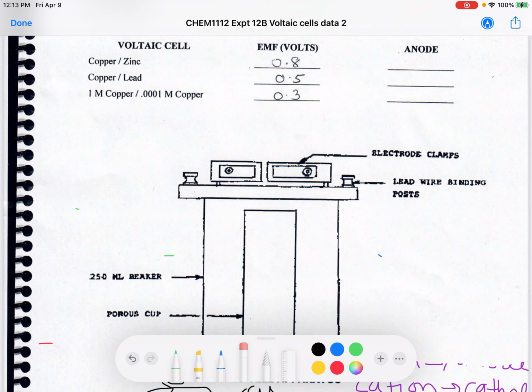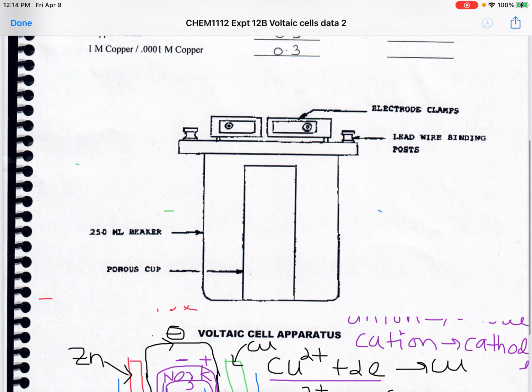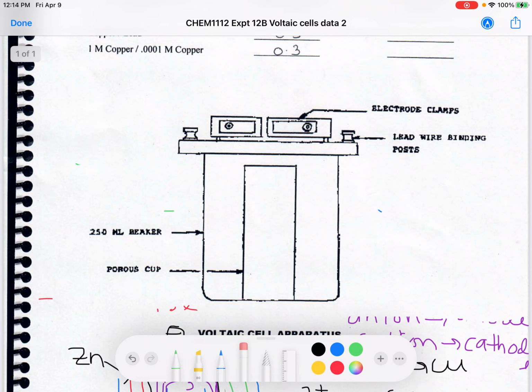Always the cathode, where the reduction takes place, will have a higher concentration, and the anode, where you have lower concentration, is going to be your anode. So if you look at what is happening in the cells, let's say both of these are copper.